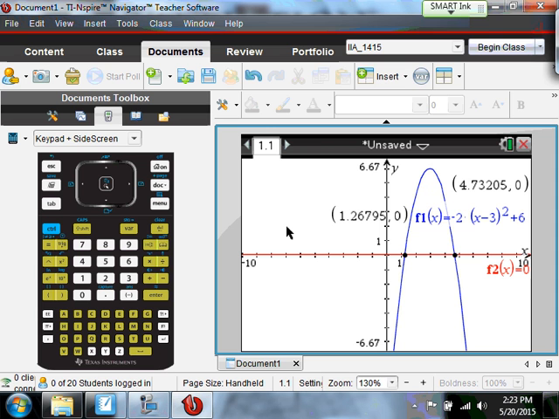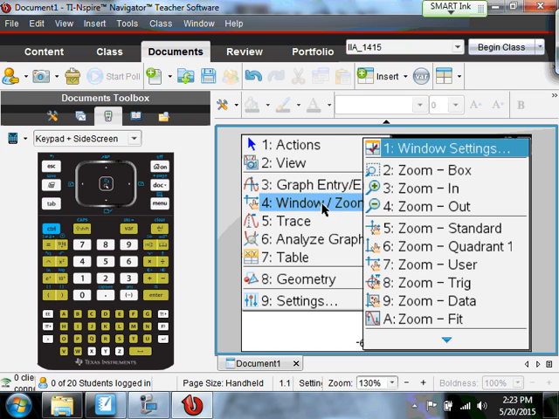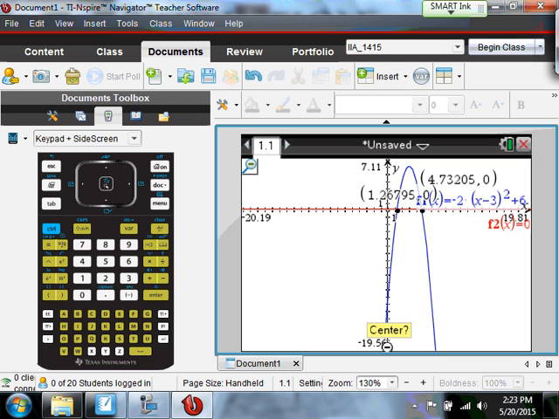What about our y-intercept? What are we going to have to do to see it? Change the window. So we'll go menu, window, maybe zoom out from down here. And now we could probably see it. What should I do to try to calculate that point? Table? How do I get a table?